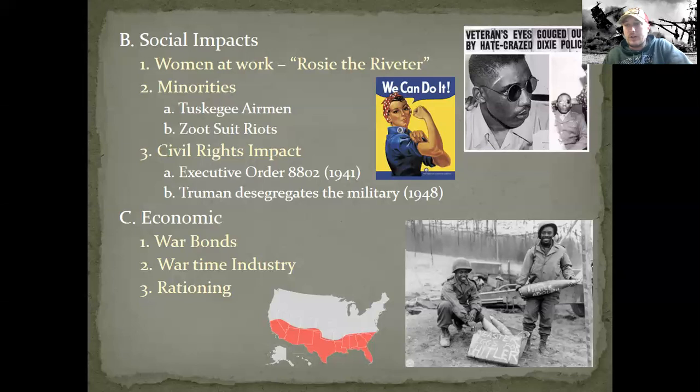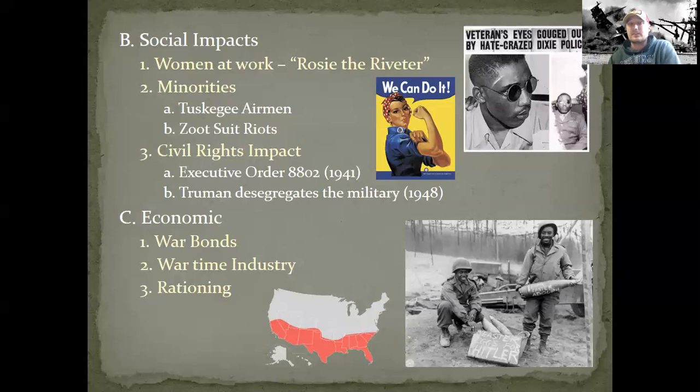The Zoot Suit was kind of a popular wear for many Latino men in Southern California at the time. Big baggy clothing, big baggy suits that were very identifiable, long chain wallets, things like that. And for days, these riots actually lasted for days.